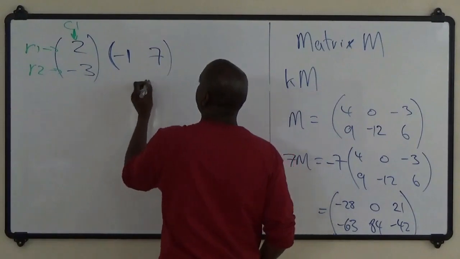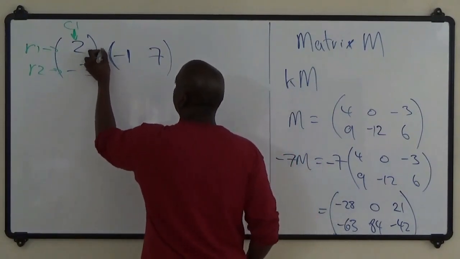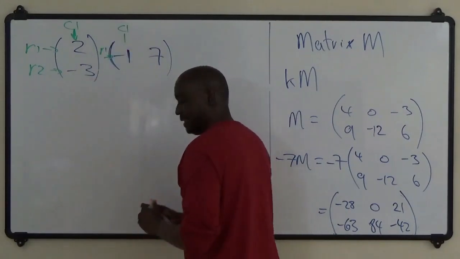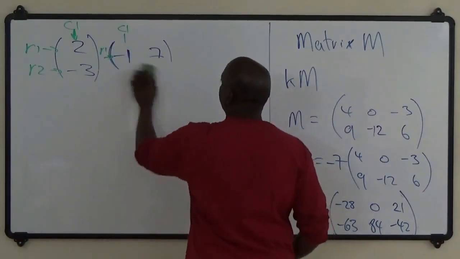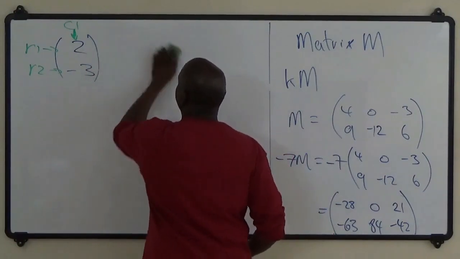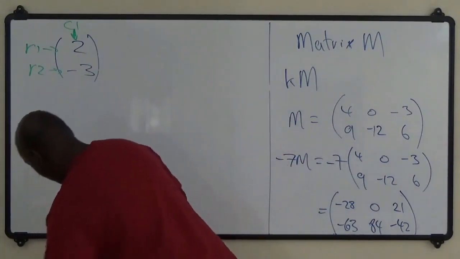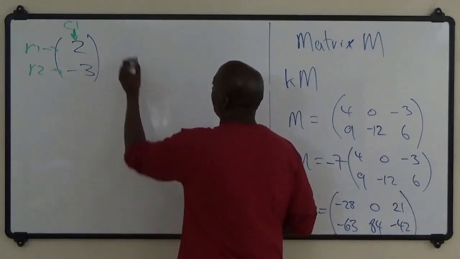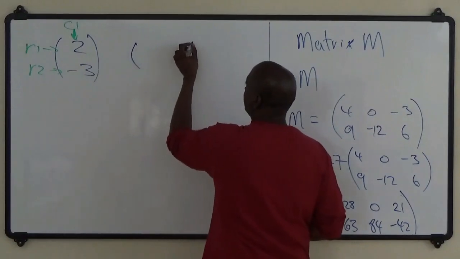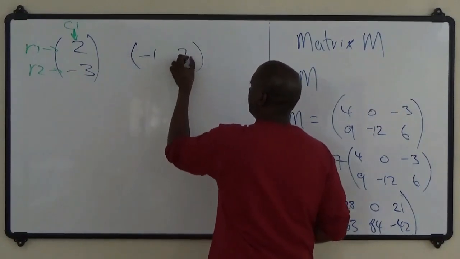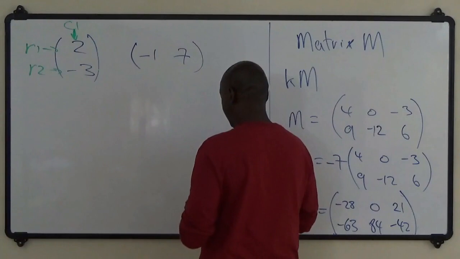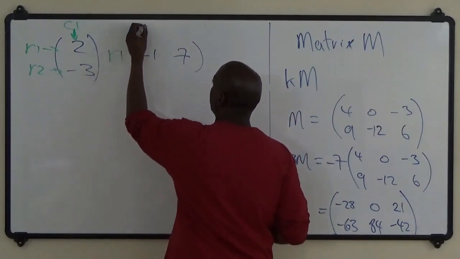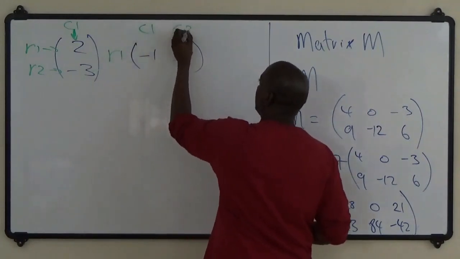By the same token, this here is your row 1. This is your column 1. I need the space here, and you'll see why I need the space just now. So it was minus 1 and 7, multiplied by minus 1 and 7, which is row 1, column 2.